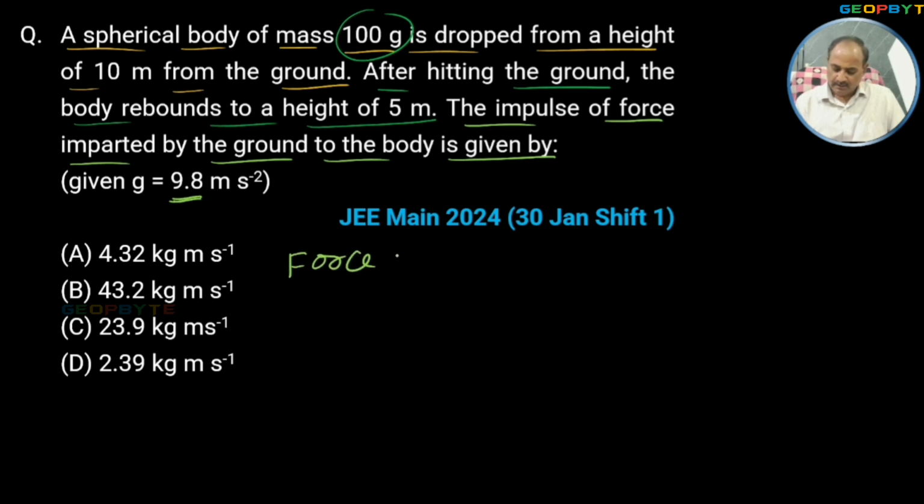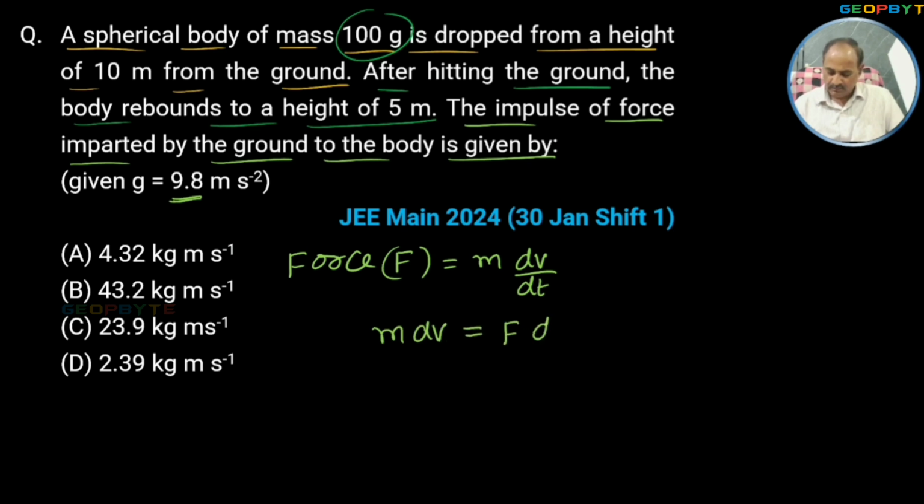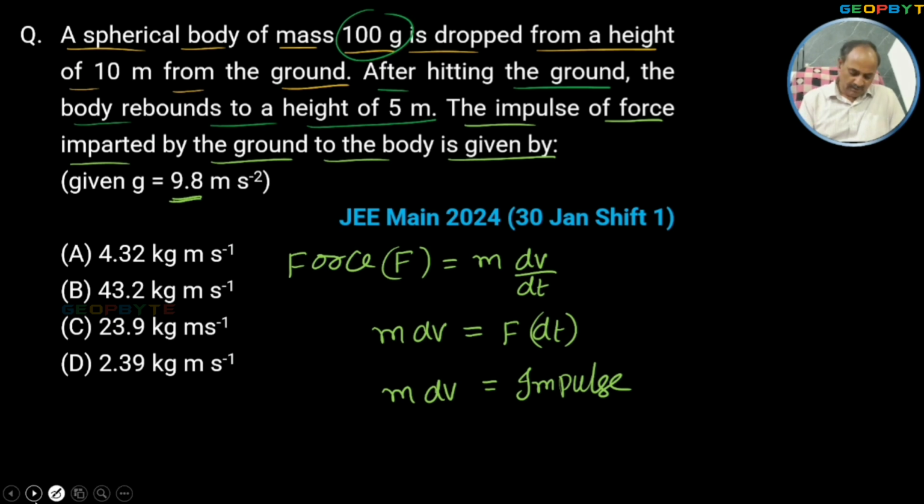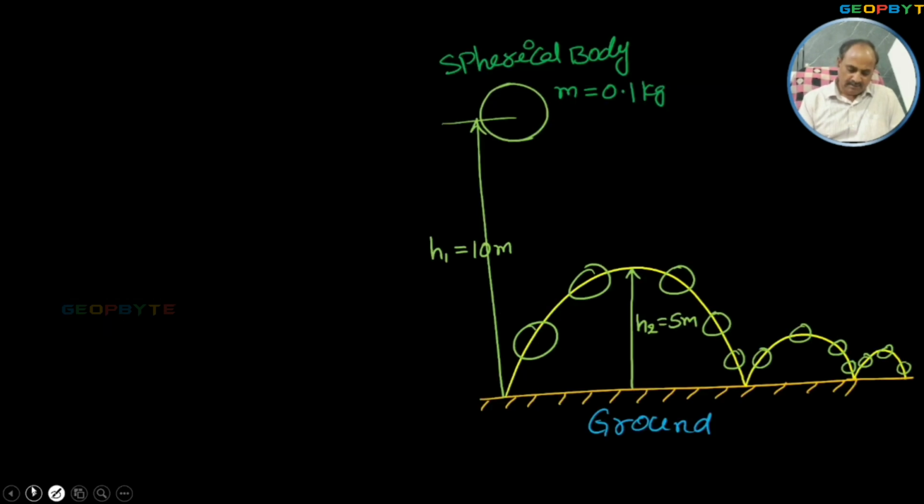Force F equals m dv by dt. From this, m dv equals force into time. The product of force and time is equal to impulse, that is, mass times the change in velocity. So having that information, let us decide the answer.